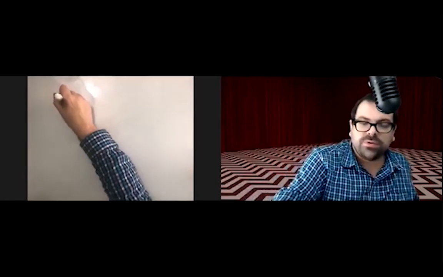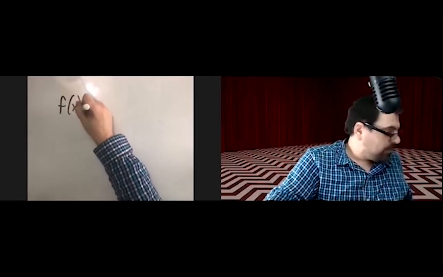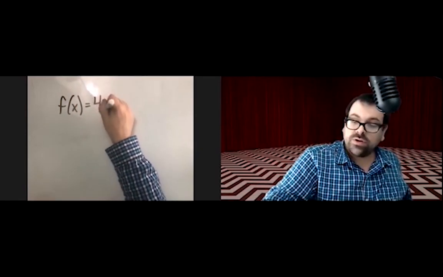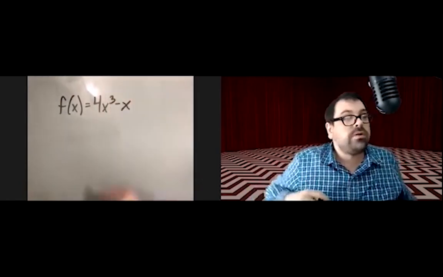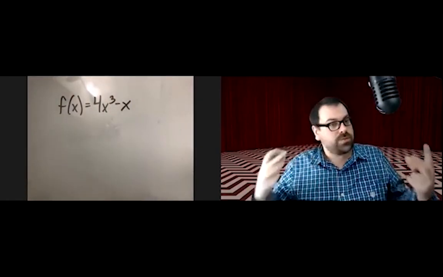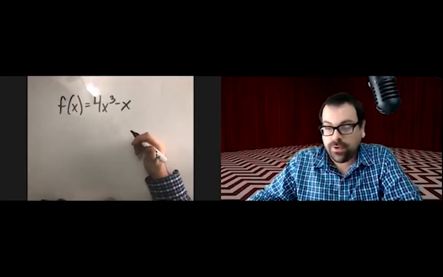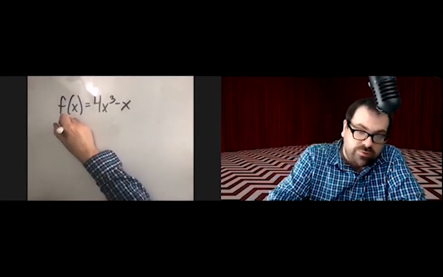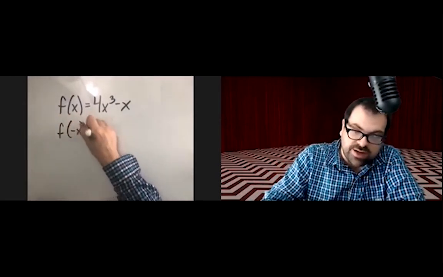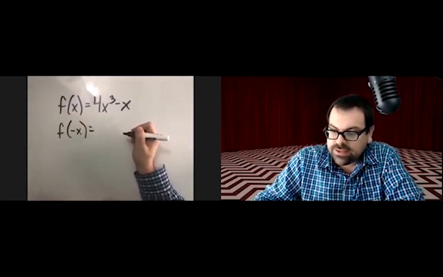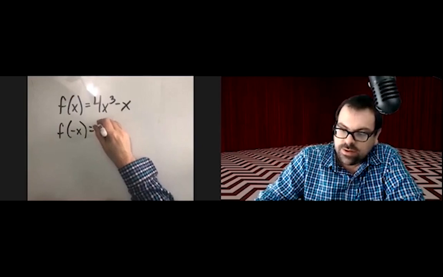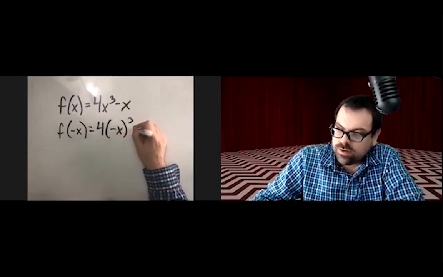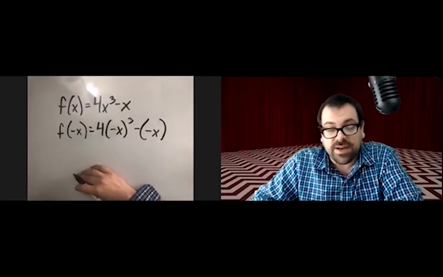Okay, our next example. Let's take a look at f of x equals 4x cubed minus x. So we're going to do the same thing again. First, we'll see if it is an even function. If we put f of negative x in, we get negative x's instead of x's.